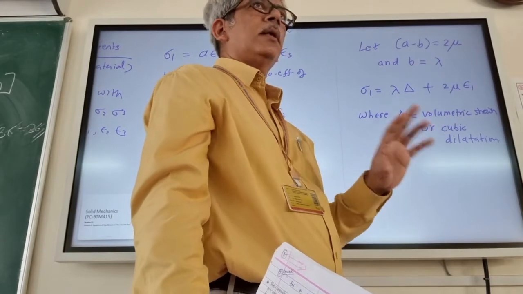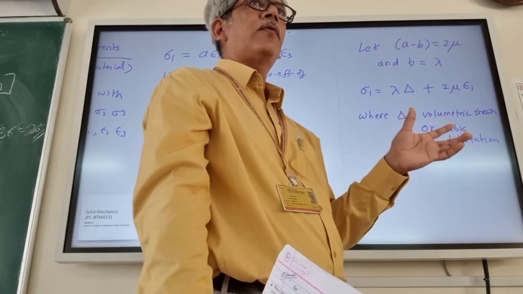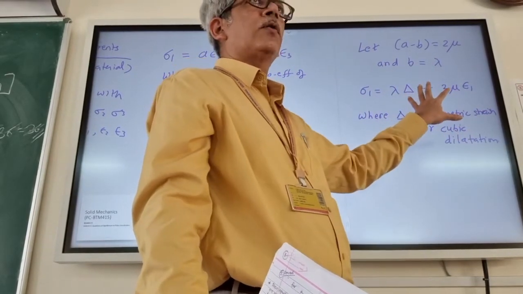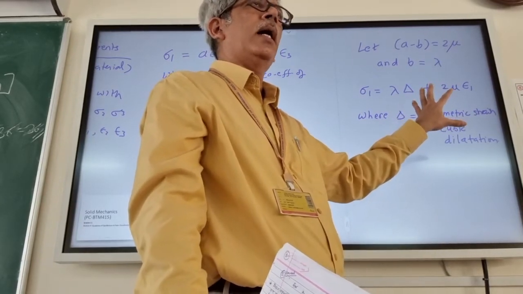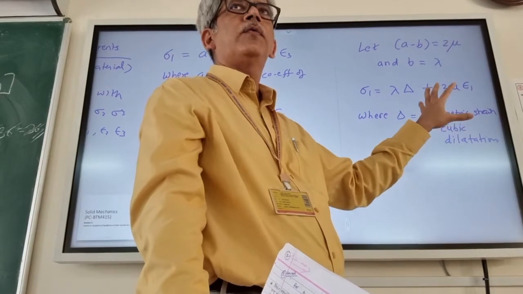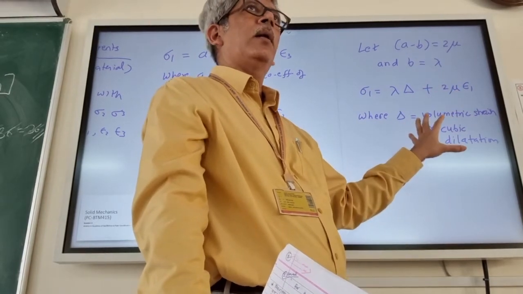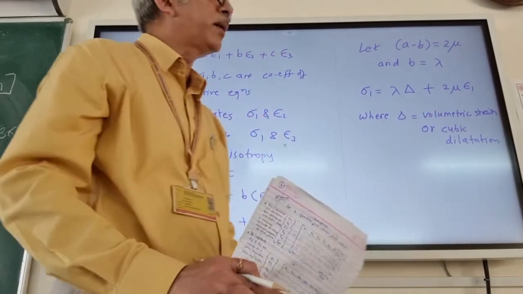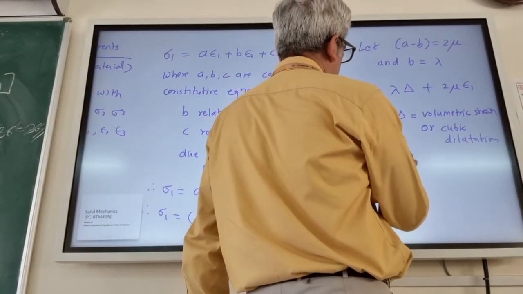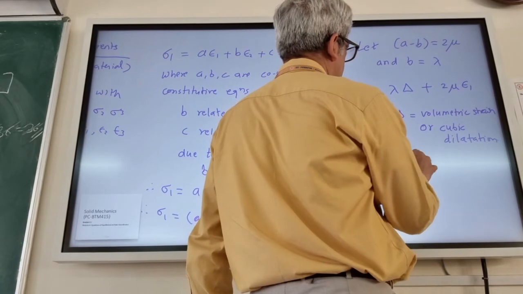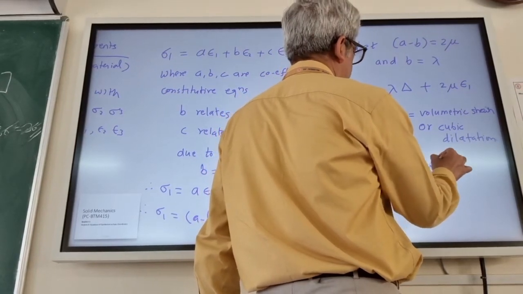So it is just renaming the terms which we are familiar with, but those who are working in higher solid mechanics find these coefficients more handy, and they provide a better way of representing certain material behavior. That is the importance of these parameters, lambda and mu, which are called Lamè's coefficients.